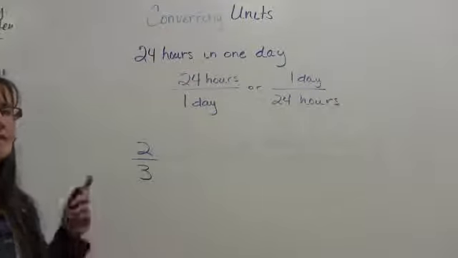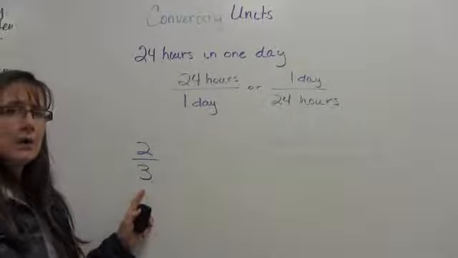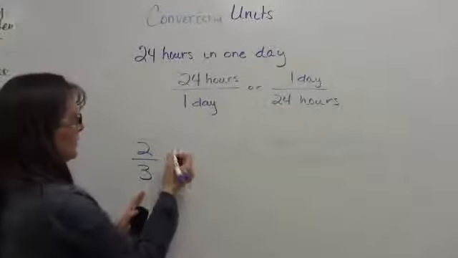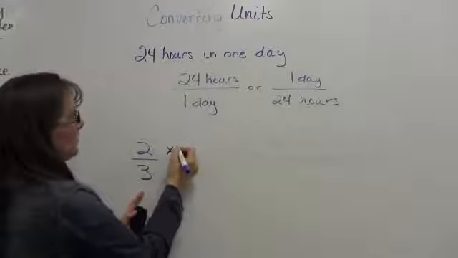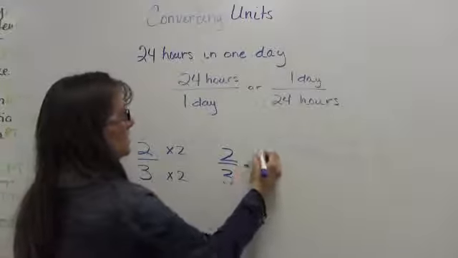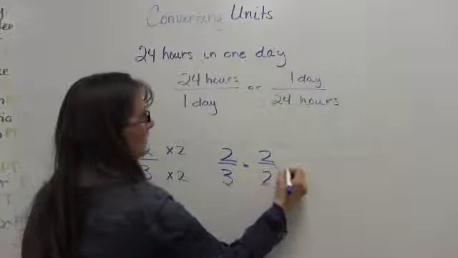Sometimes when we have a fraction, we want to make it a larger version or a smaller version. So we could multiply the numerator by 2. Whatever we do to the numerator, we must also do to the denominator. Basically, I am multiplying 2/3 times 2 over 2.